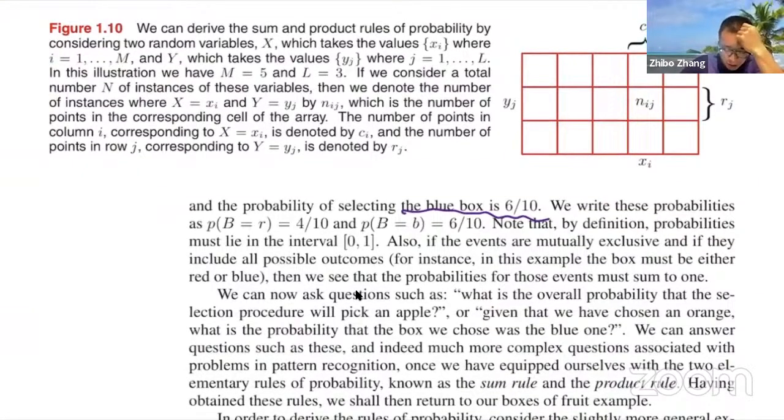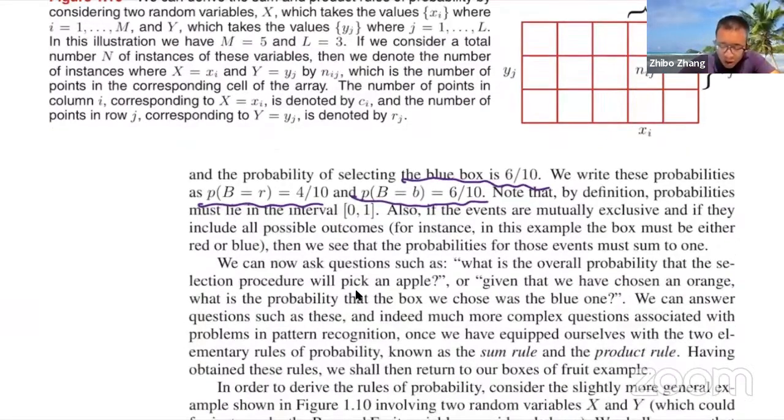We write these probabilities with this notation. Note that by definition, probabilities must lie in the closed interval 0 to 1. Also, if the events are mutually exclusive and include all possible outcomes, for instance, in this example, the box must be either red or blue, then the probabilities for those events must sum to 1.